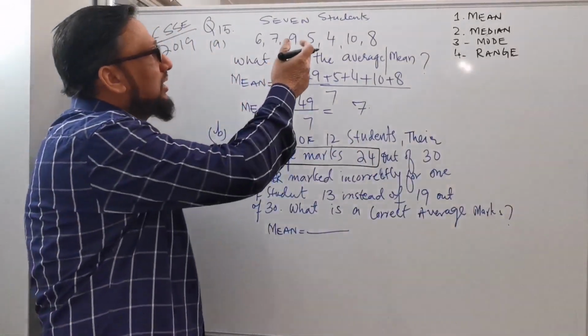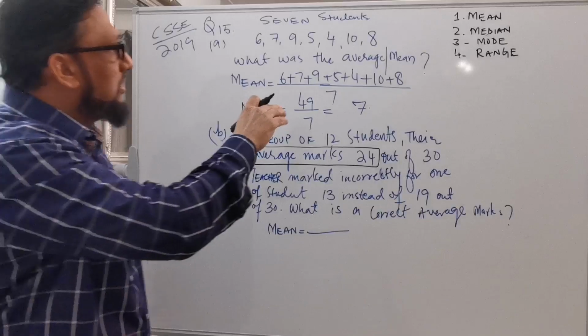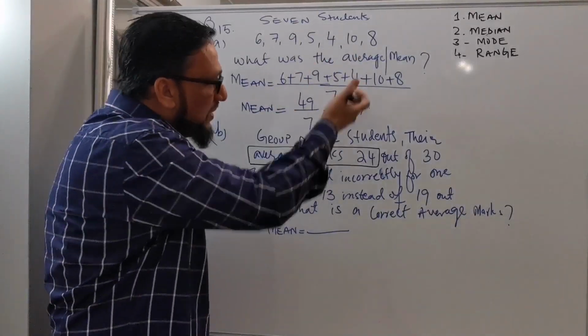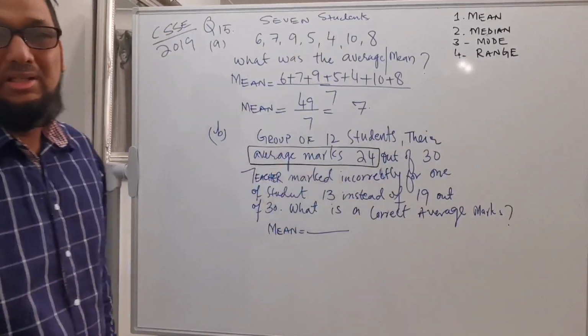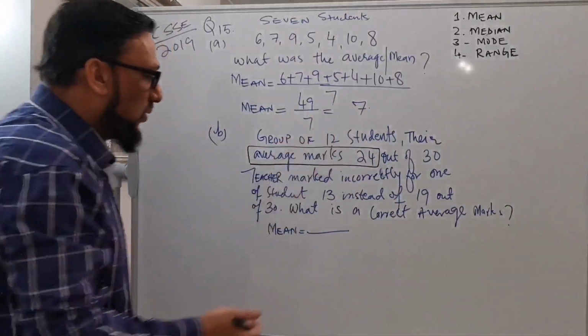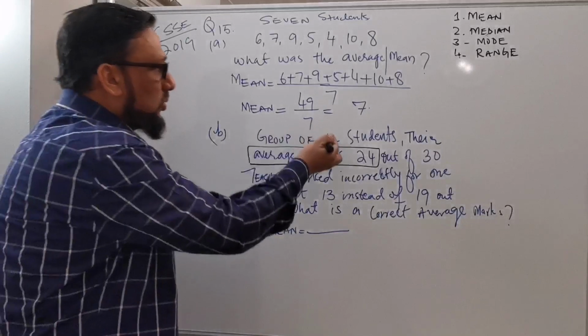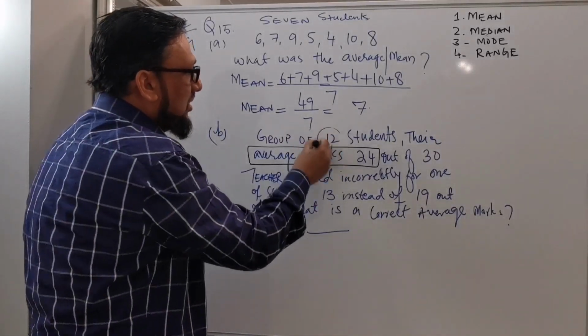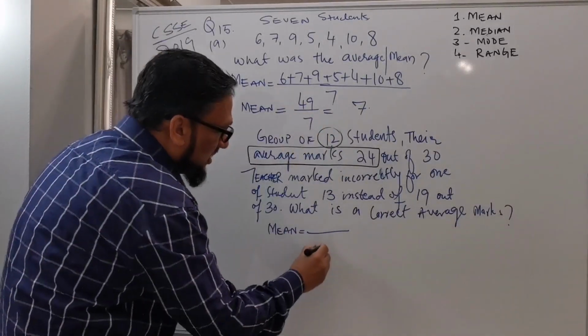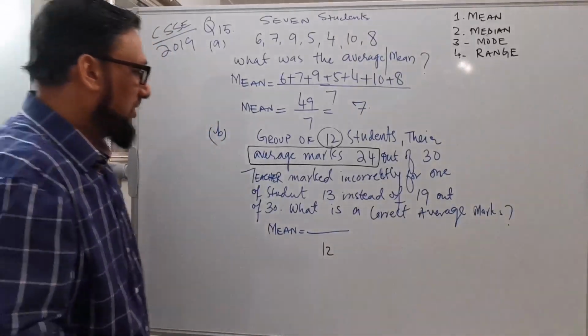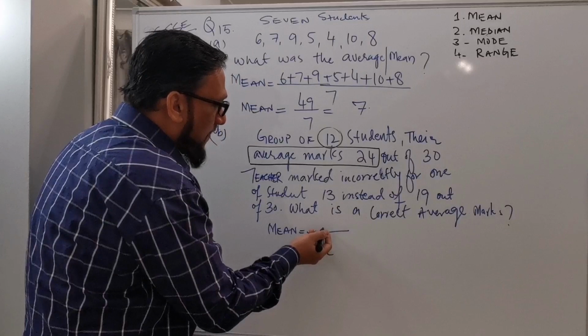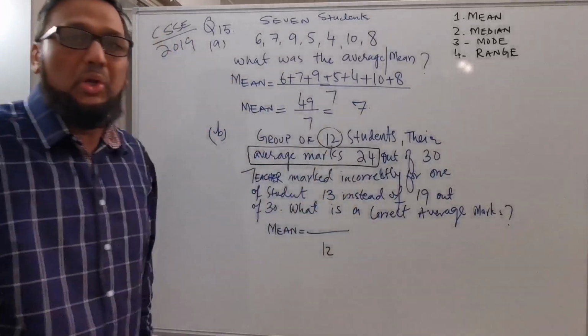In part A, they asked you to find the mean, but in this part they are giving you the average, which is 24, and the number of students is 12, and the sum of the data we don't know.